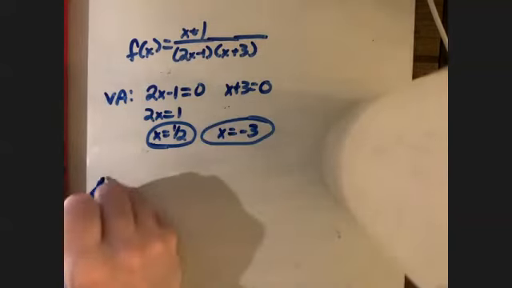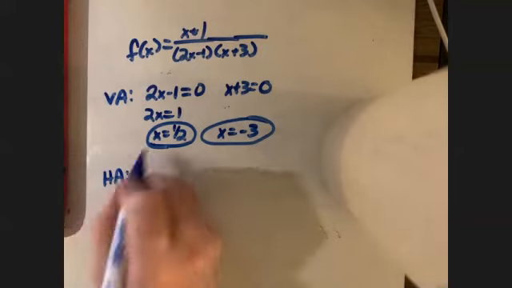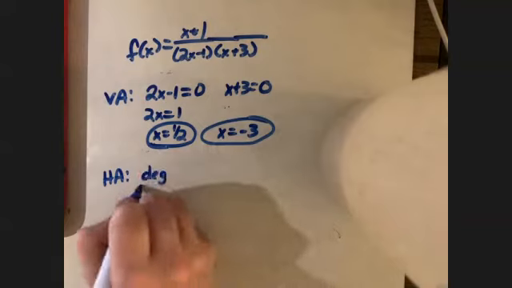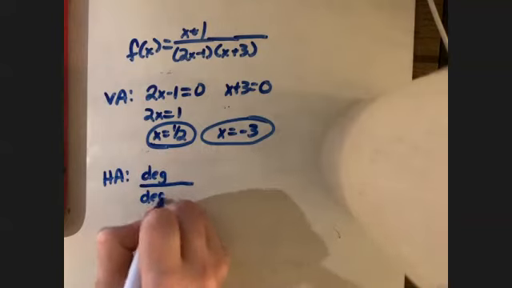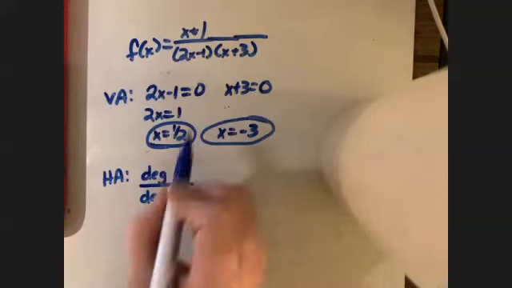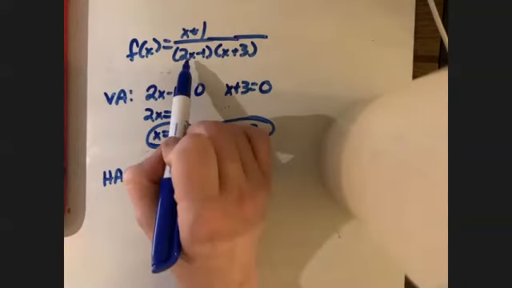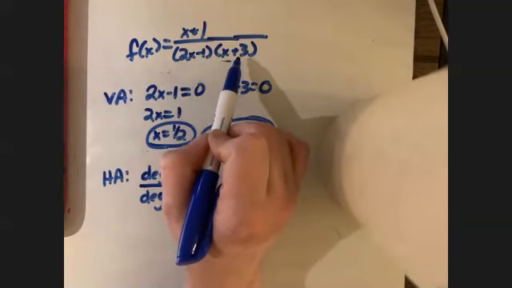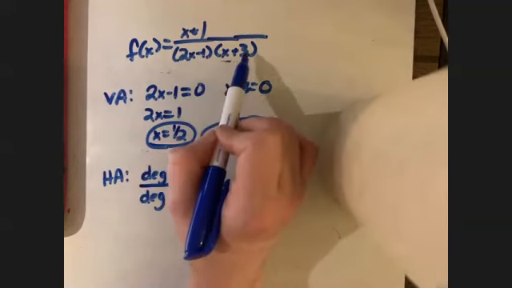Now then, horizontal asymptotes, I'm going to do the degree of the top and the degree of the bottom. The biggest power up here is a 1. Now, when we talk about degree on the bottom, you have to multiply this out, guys. This is going to give you a 2x squared.